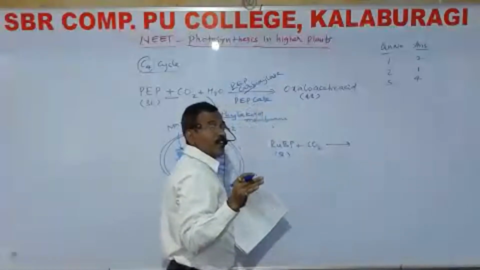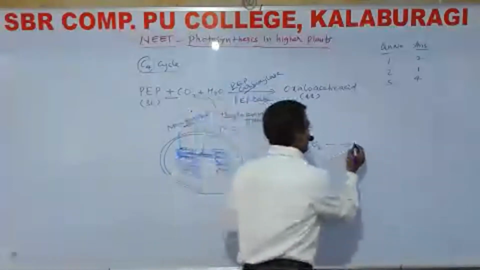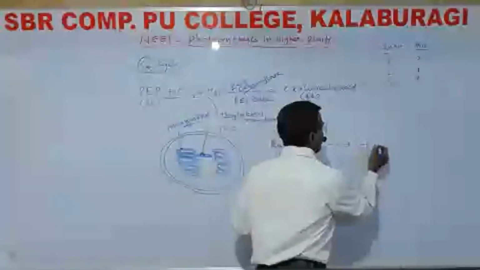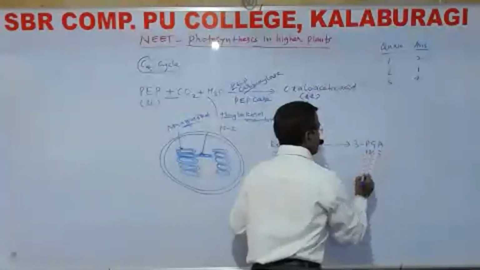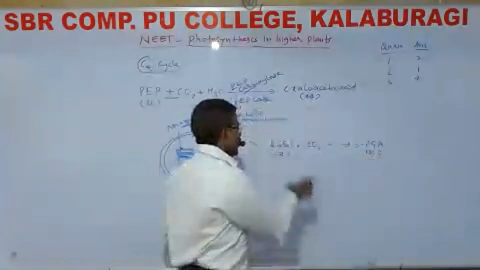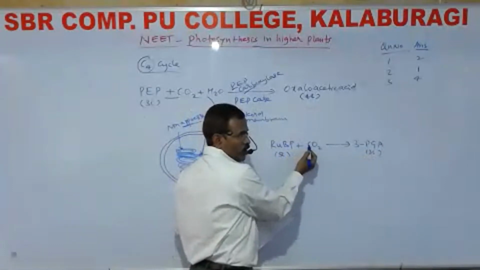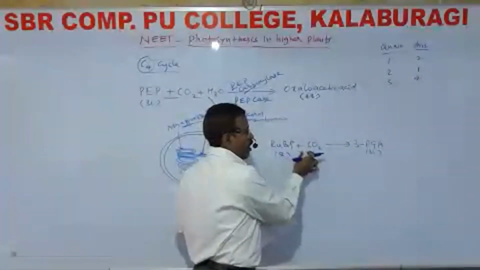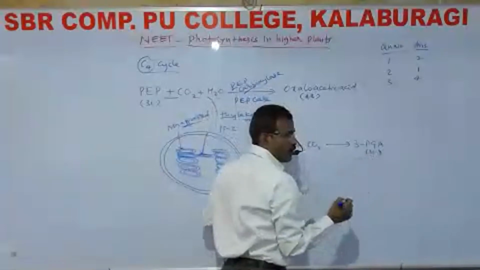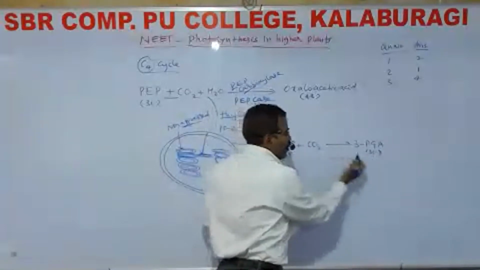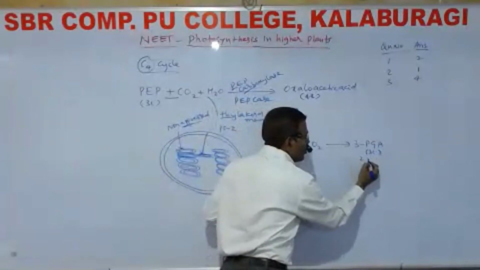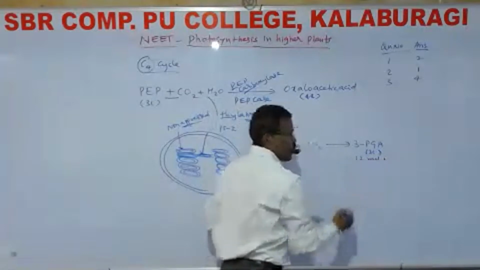So the first stable compound is 3-phosphoglyceric acid, a 3-carbon compound we know. So 5 plus 1, a total of 6 carbon. And as it is a 3-carbon compound, one molecule should give 2 molecules.